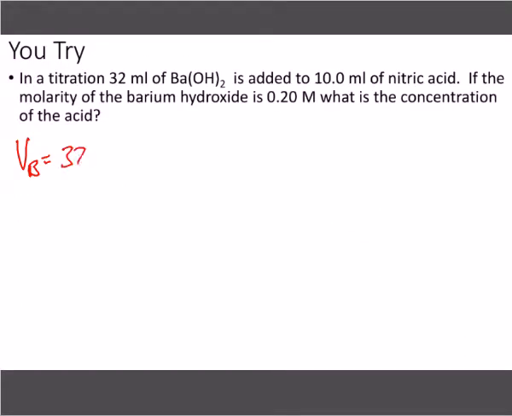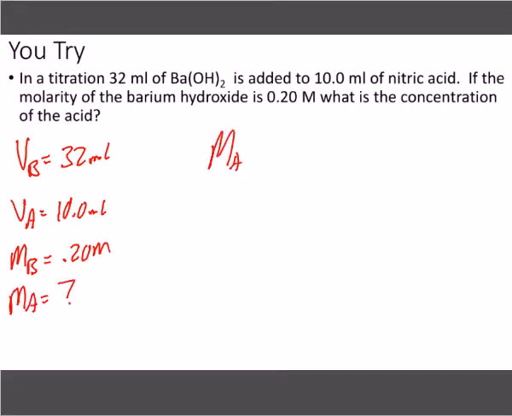Volume of our base is 32 milliliters, added to volume of our acid, 10.0 mils. If the molarity of the barium hydroxide, the molarity of our base, is 0.20 molar, we're looking for the molarity of our acid. MaVa equals MbVb. Divide by Va.